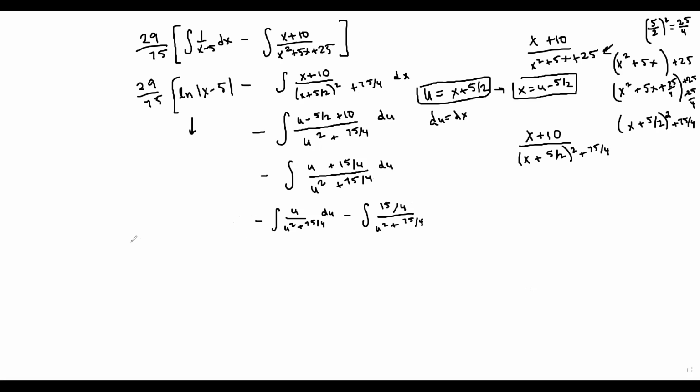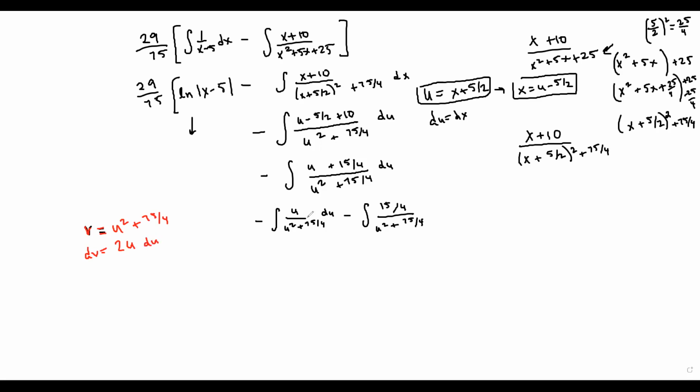So I'm going to say v for my integral on the left-hand side, u divided by u squared plus 75 over 4. Let v equal, let's see if I can get a different color here to help out, I know it all looks the same. Let v equal u squared plus 75 over 4, so dv equals 2u du.